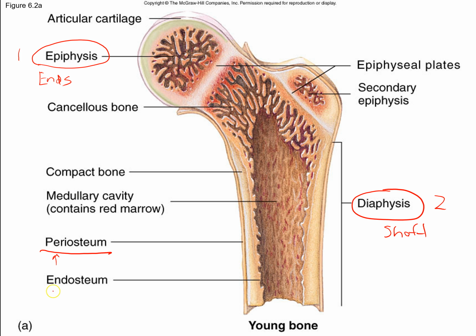There is a similar type of connective tissue that is called endosteum, and it lines the cavity here. The name for the cavity, your bones are not solid.